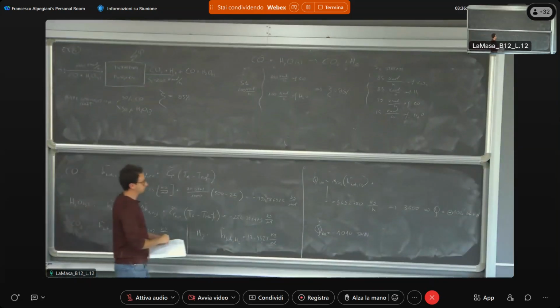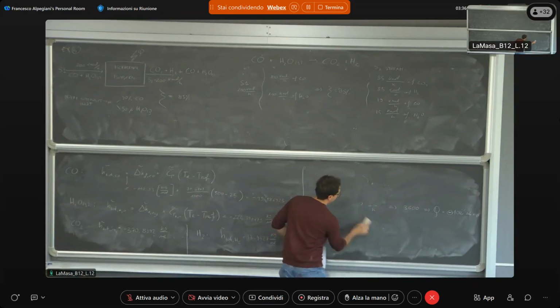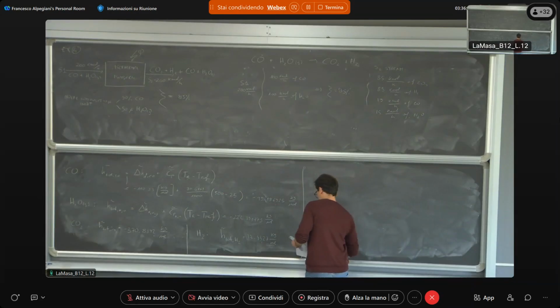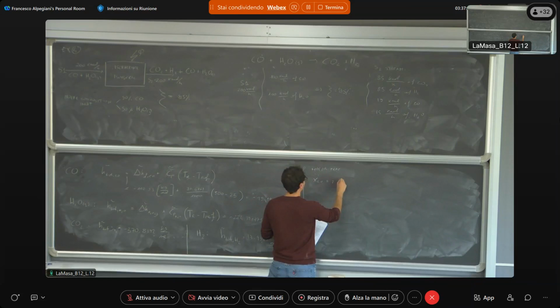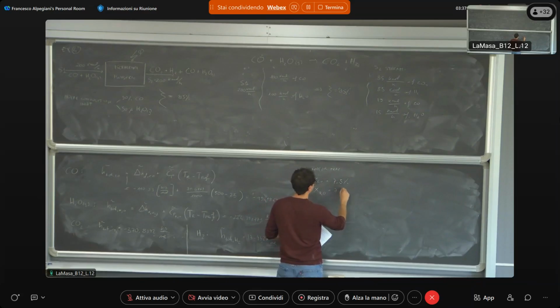For the molar fraction, we will have X of CO equal to 7.5%, X of H2O equal to 7.5%.